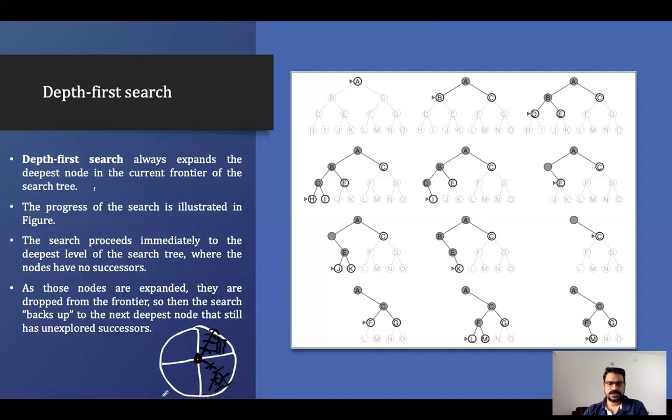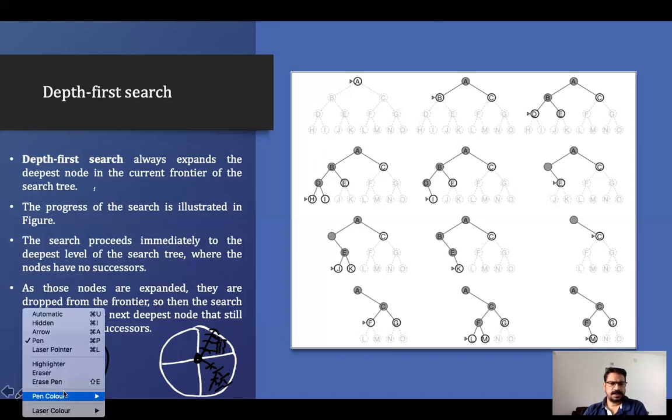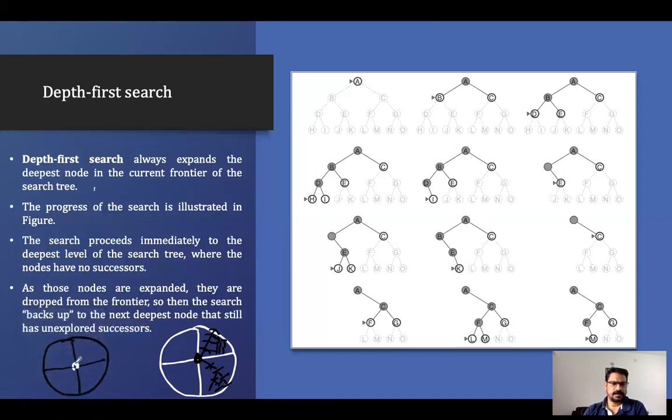Now in the same situation, let's say this is the city again, and you are in the middle of it. Now how does the breadth first search work?